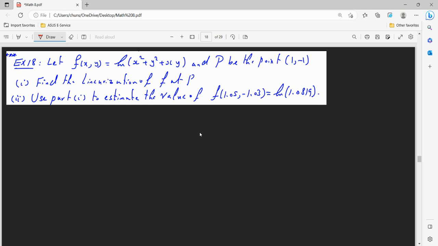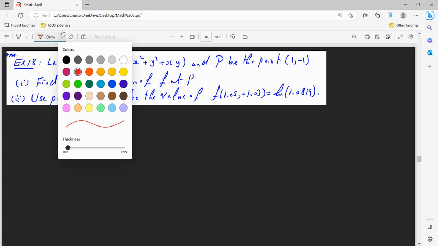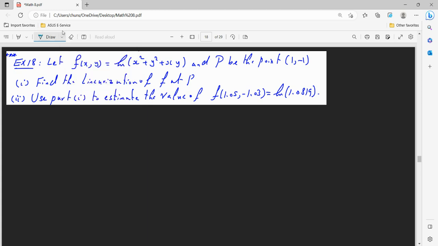Okay, so if we were to use this example and linearize it, find the linearization of f at p. We're going to start with our original function, that is ln of x squared plus y squared plus xy.